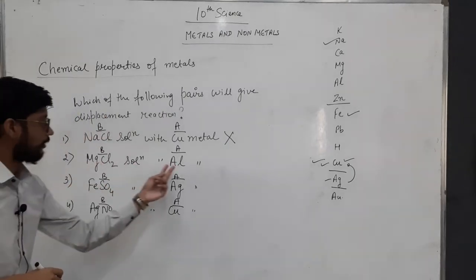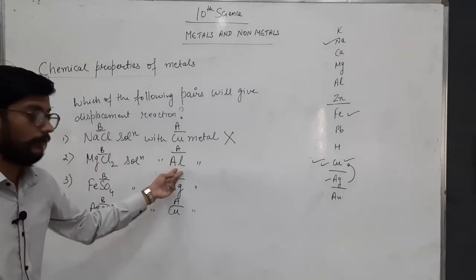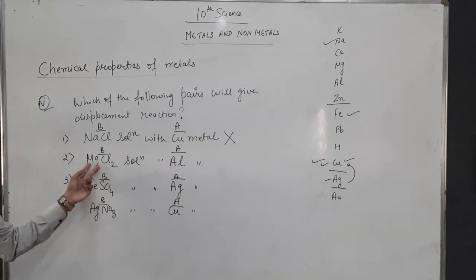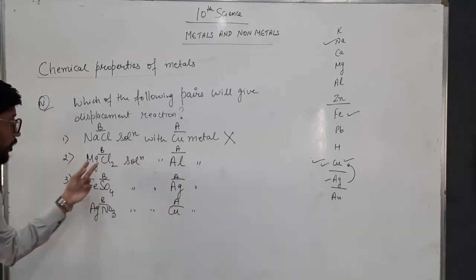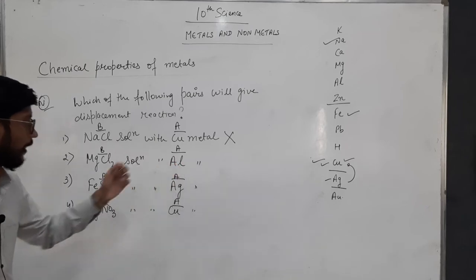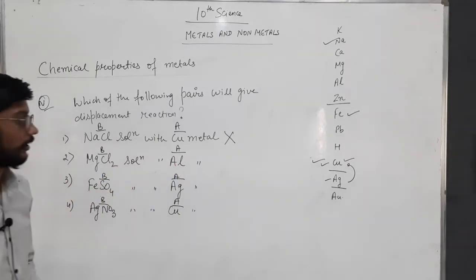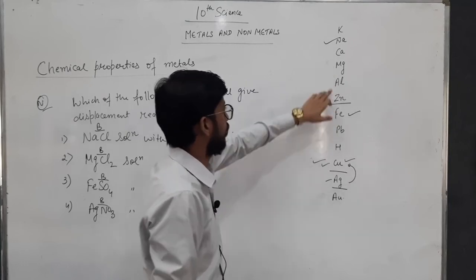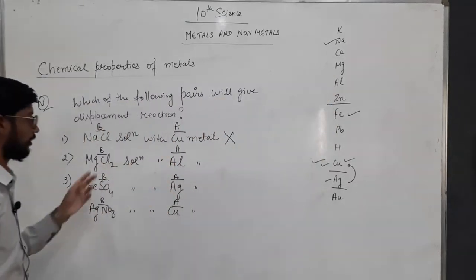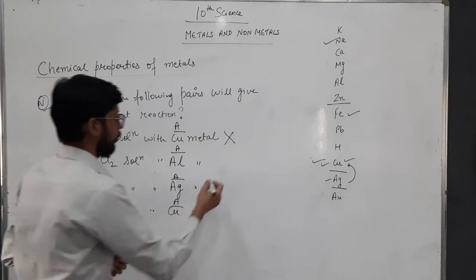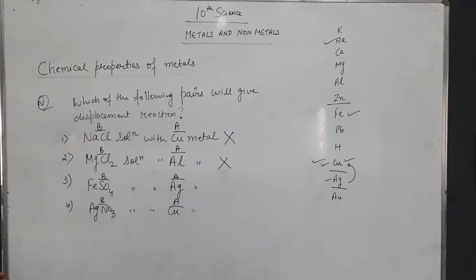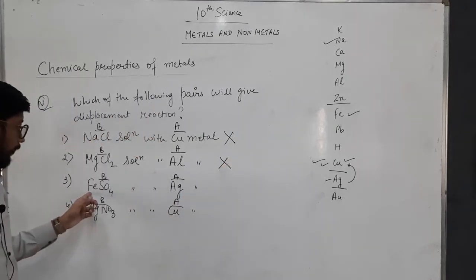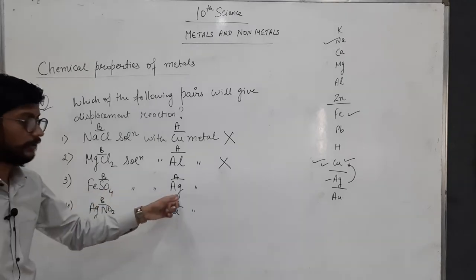Second, aluminium, does aluminium have the tendency to displace magnesium? So you have to check, is aluminium more reactive than magnesium. So here is your aluminium and here is your magnesium. So aluminium is less reactive than magnesium, so it will not displace. Third, iron sulfate with silver.